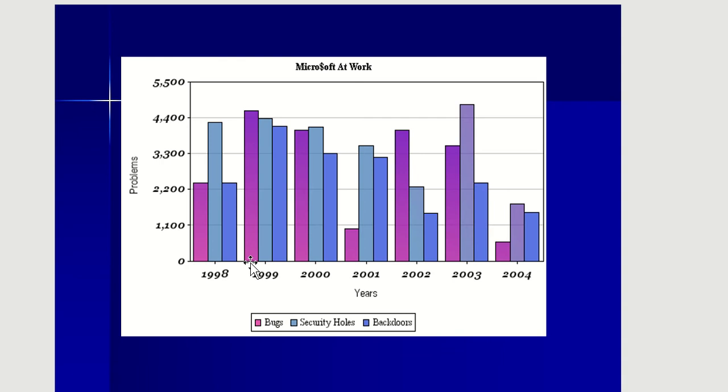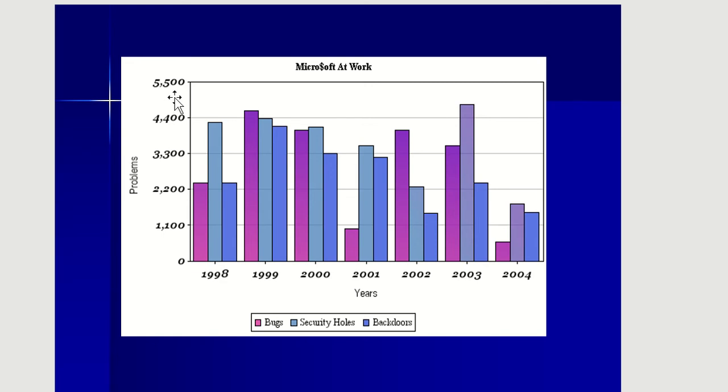Here's another one. In this bar chart, things are a bit more complicated because not only are you showing the years, 1998, 99, all the way to 2004, but within every year you're showing the type of problems reported to Microsoft. So it's either a bug in pink, security holes in grayish, and a backdoor in blue.